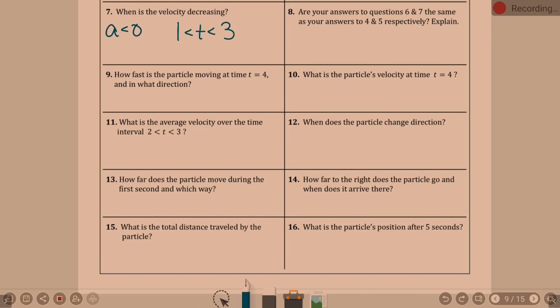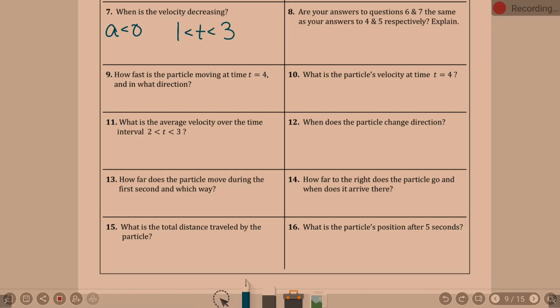Well, okay. I'm trying to think what I was thinking when I wrote that. I don't think I was necessarily referring specifically to that 1 to 3 interval, now that I look at that. Velocity increases where acceleration is positive. I mean, yeah, that's true, I guess.